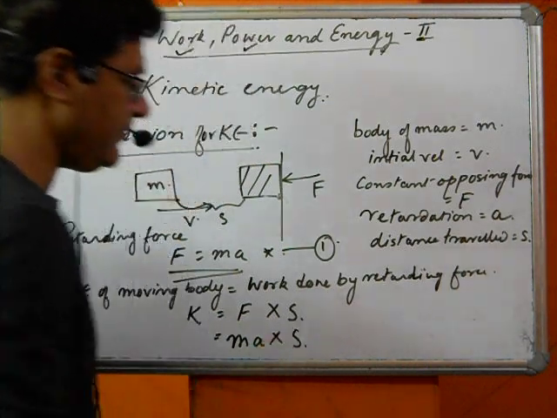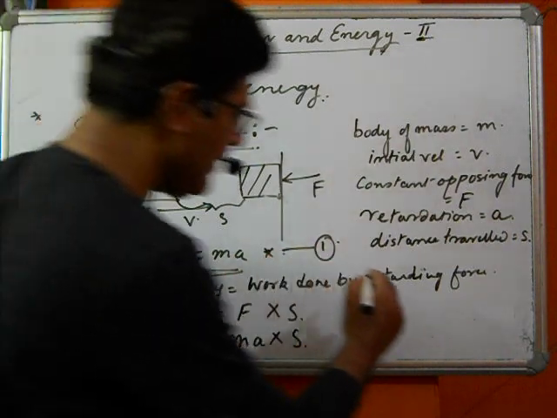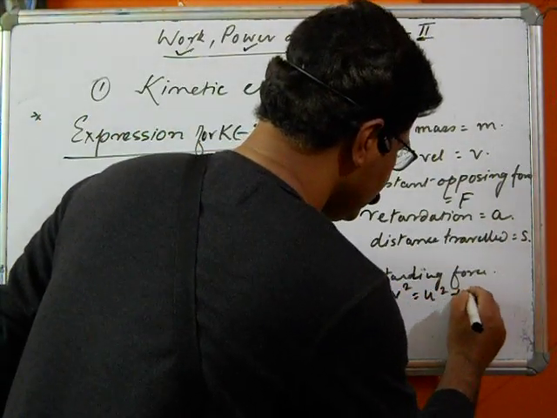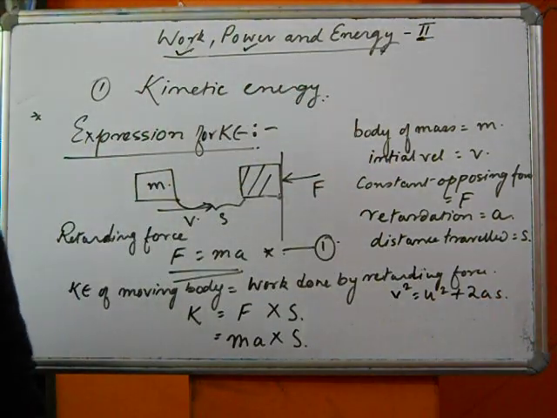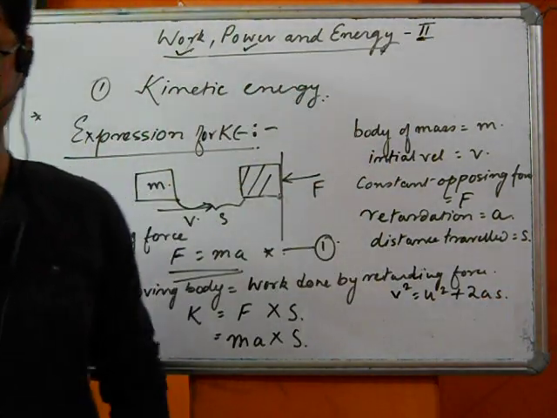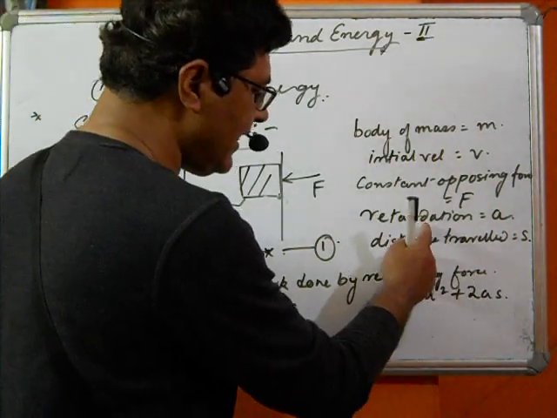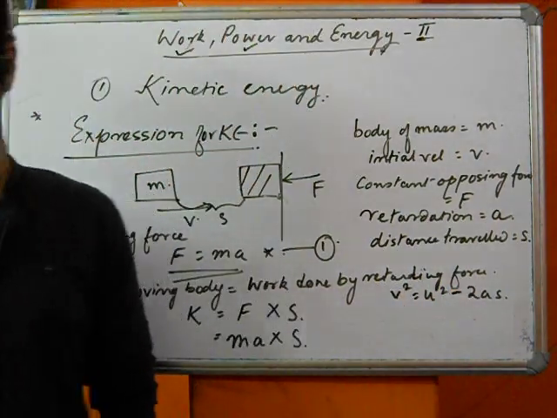And now we need to find out the displacement. We can say V square equals U square plus 2AS. As A is my retardation, it will be minus 2AS.